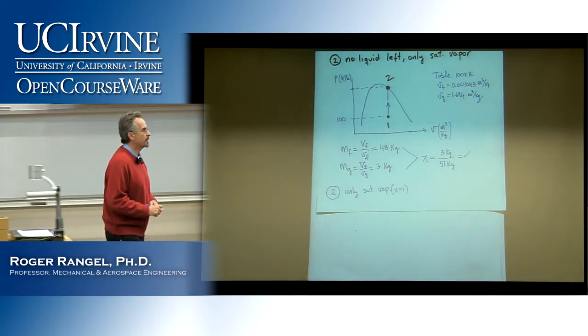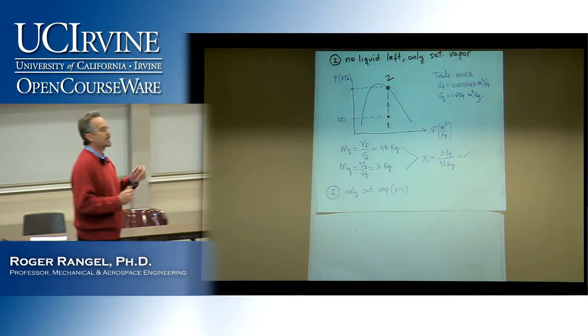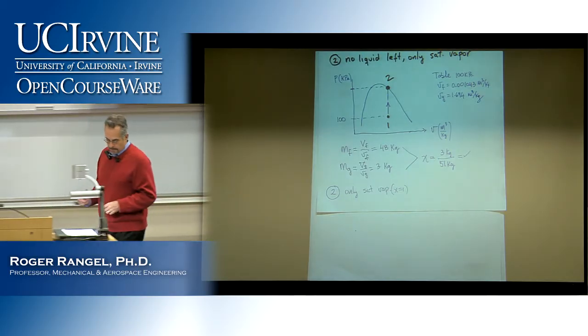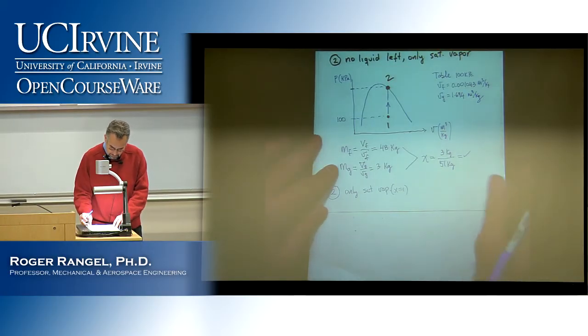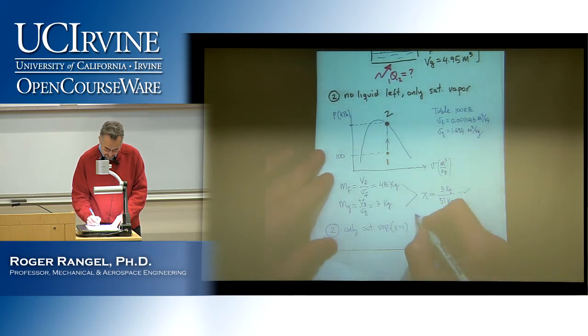Right? But what else do I know? It has to be the same specific volume, right? Same specific volume. And what is that specific volume, by the way? We can stick it maybe here, at 1, of course.